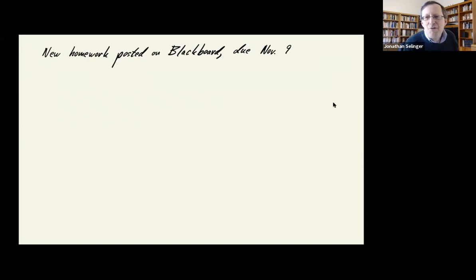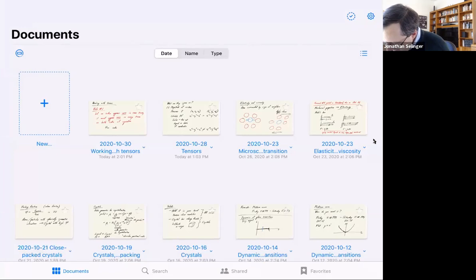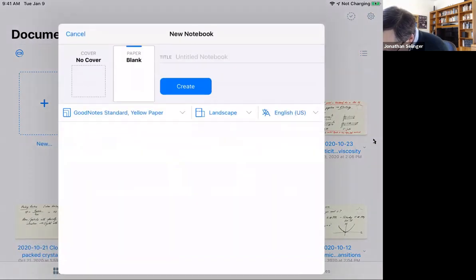So I'll try to figure out a different way to get it to work. All right, let me stop the sharing. Okay, and I'll connect the old one. There's always something. Okay, so let's try again. Share with a cable. Share. All right, you see something that looks like an iPad, right? Okay, and then if I go to Good Notes, do I have today's one? No, I don't. Oh, well, create.